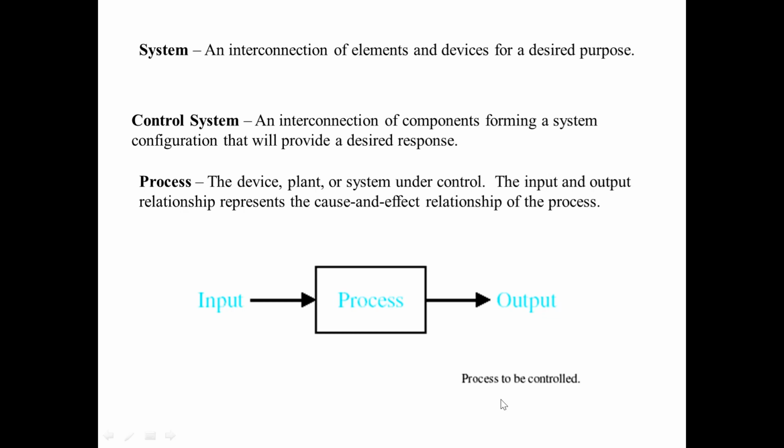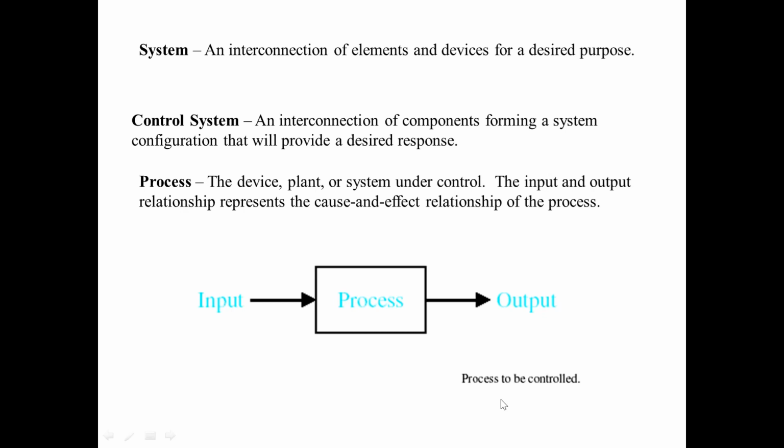So it is a device, a plant, or a system under the control. This process will be controlled by the control system that we defined in the previous sentence, isn't it? We can explain the process with one figure. The process has the input and produces a desired output.